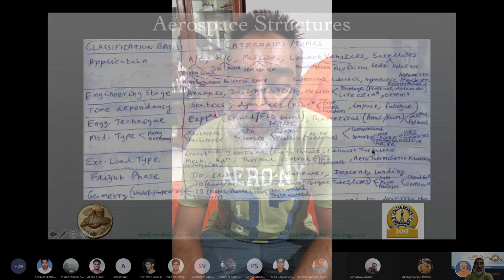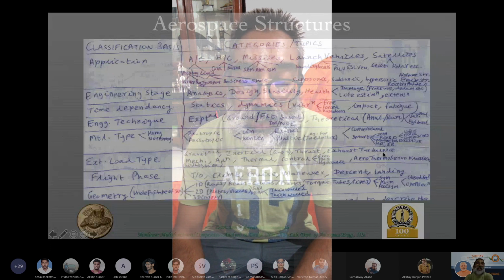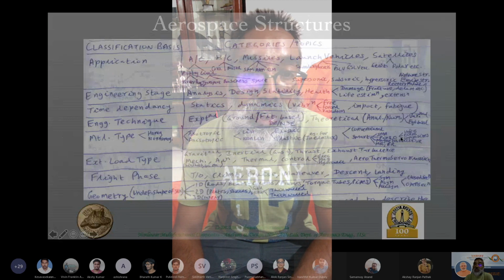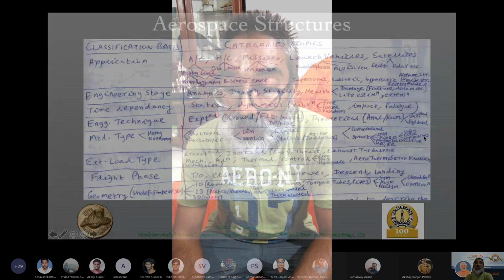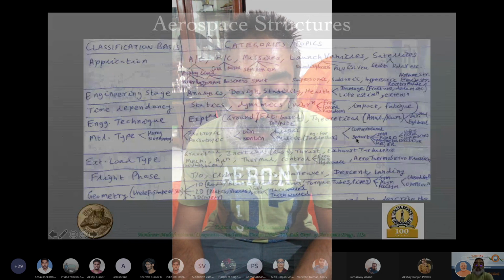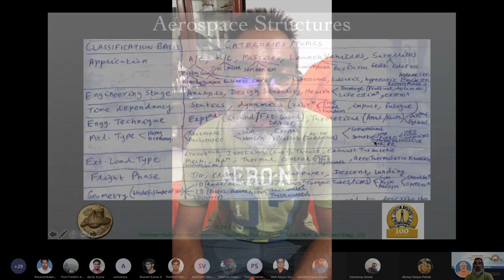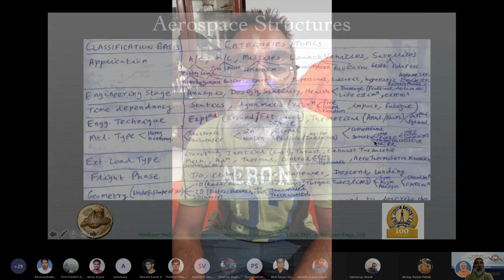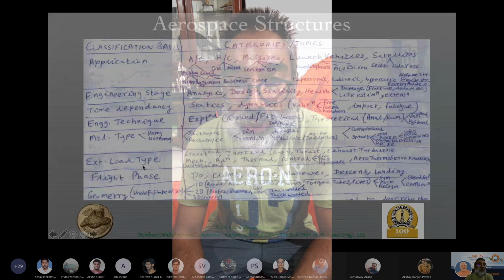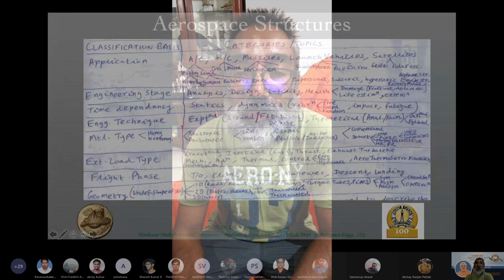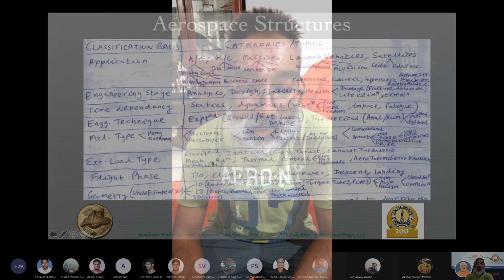So you would have shape memory alloys or piezoelectric materials, magnetostrictive materials, magnetorheological materials, electrorheological materials, etc. Within the piezos, again, you could have wafers or films or piezo composites. So many different materials are used for specialized applications, but they are not extensively used throughout the aircraft, but in certain locations where they might make a huge design difference in terms of the performance or stability of the aircraft.